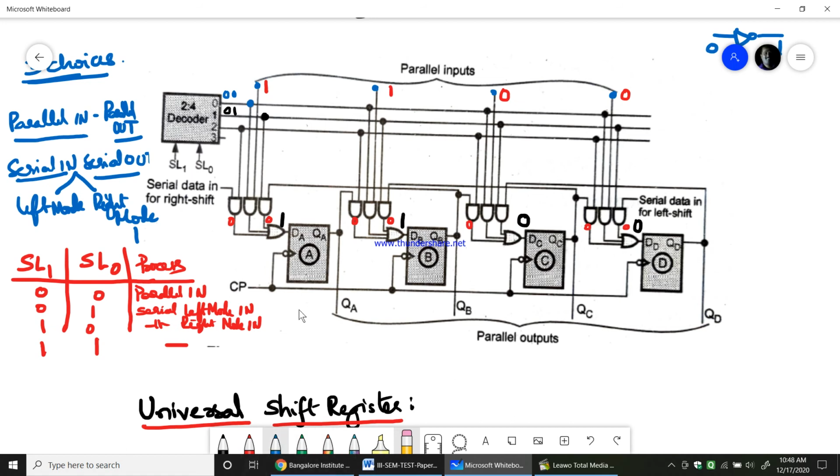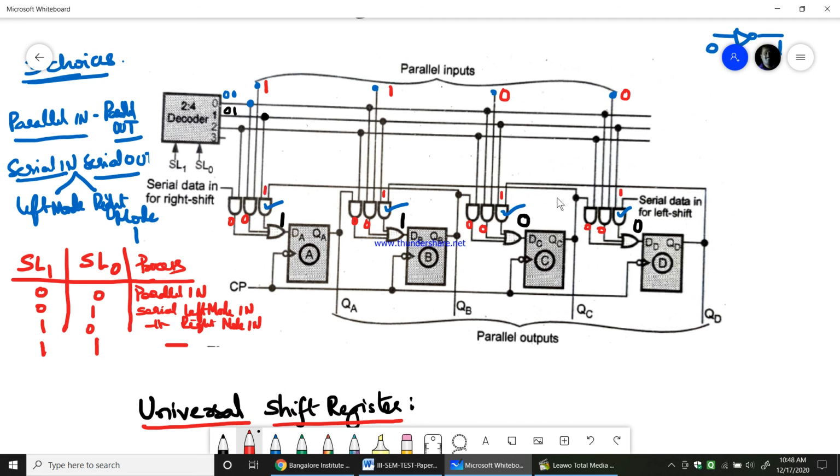Now what you can see is that this third one gets activated, so the other AND gates are deactivated. So both of these will be 0. Now this third gate is connected to this, so this will be 1, the second input of each gate will be 1.